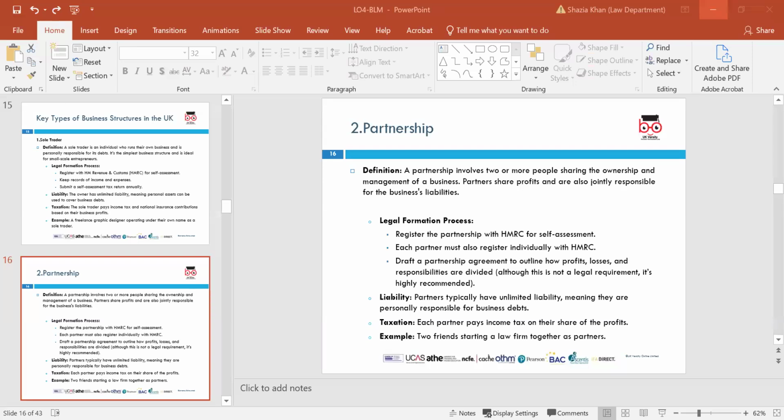For example, you might agree that no partner can borrow or make an order for more than £1,000 without the agreement of the others. They will also look at the procedure for admitting a new partner and the procedure for removing a partner as well.